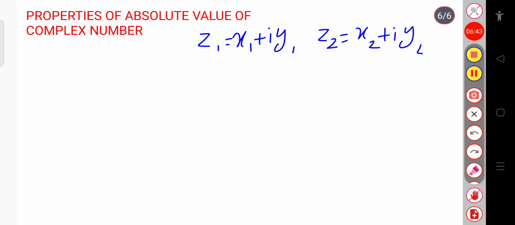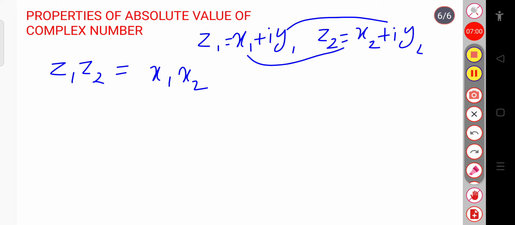If I multiply these two complex numbers z1 and z2 directly, this will become x1 into x2. I am writing the real part first: if I multiply iota into iota, this becomes minus y1 into y2, because i square is minus 1.